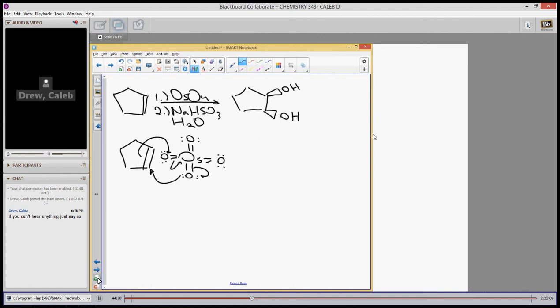So it's going to look something like this. These are the cis oxygens that are part of our final product. So these are always going to be there. They're bonded to osmium, which is still bonded to these 2 double bonded oxygens.